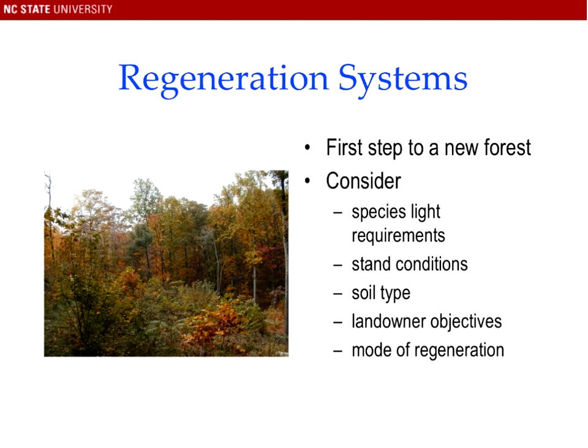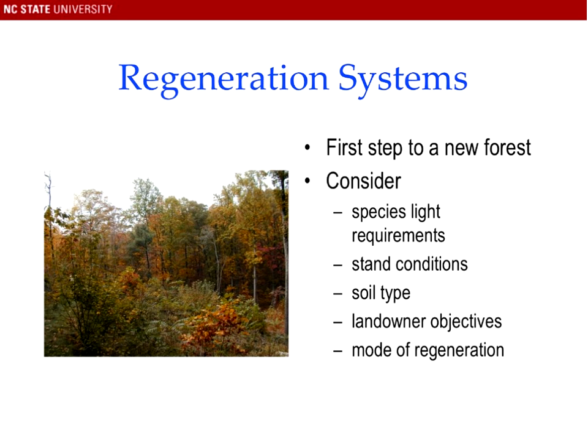So now we're going to talk about that choice that we had mentioned in the previous slide, choice of regeneration systems, because there are different regeneration systems. The various regeneration systems have different advantages and disadvantages depending on the system.